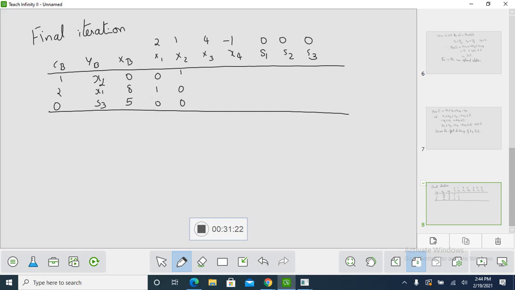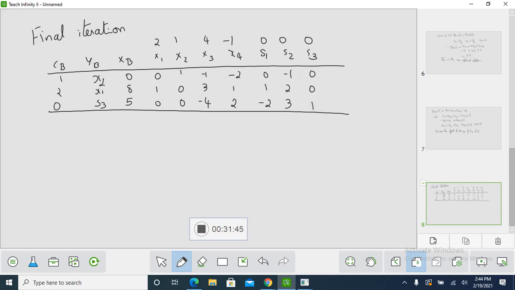Then minus 1, 3, minus 4. Then minus 2, 1, 2. Then 0, 1, minus 2. Then minus 1, 2, 3. Then 0, 0, 1.